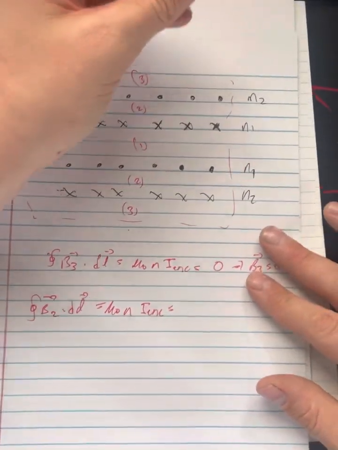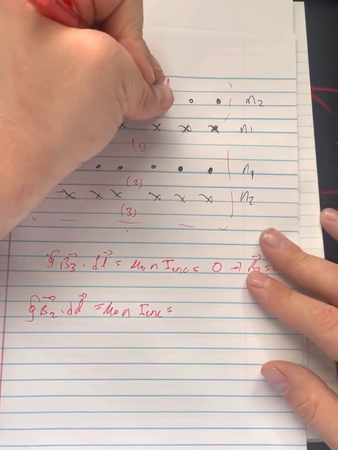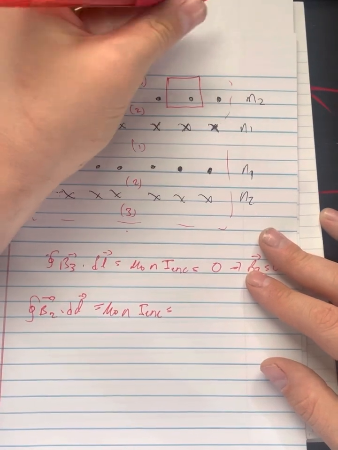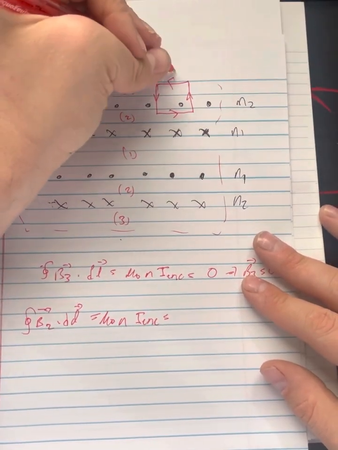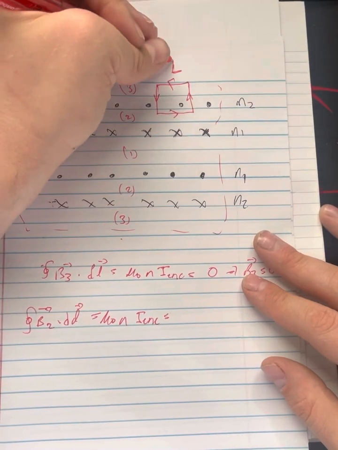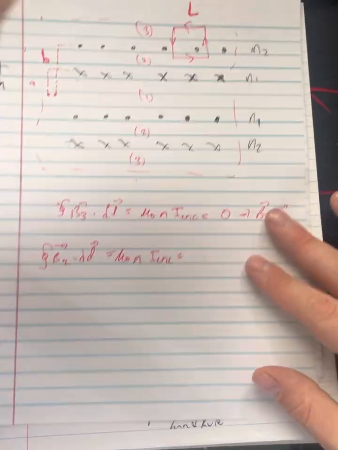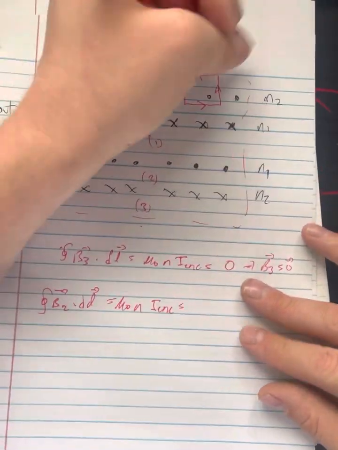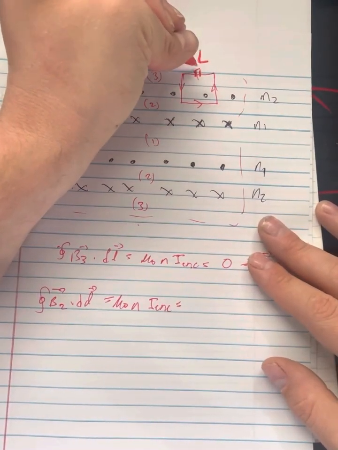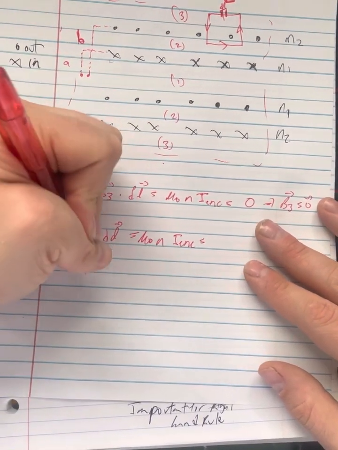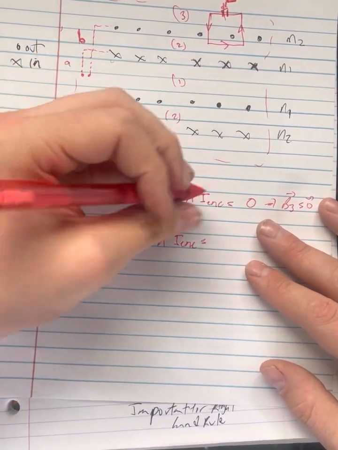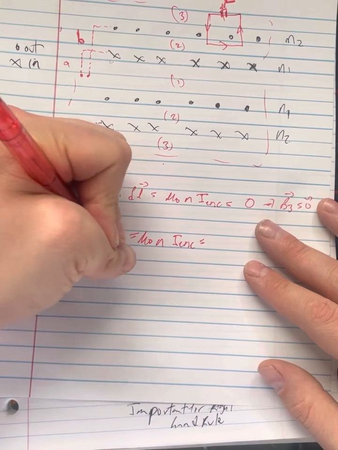So when I do my Amperian loop, I'm going to do it up here, with current going this way now. And it's a square loop of side length L. So if this is infinitesimal dl, my B dot dl becomes BL because I'm integrating dl.